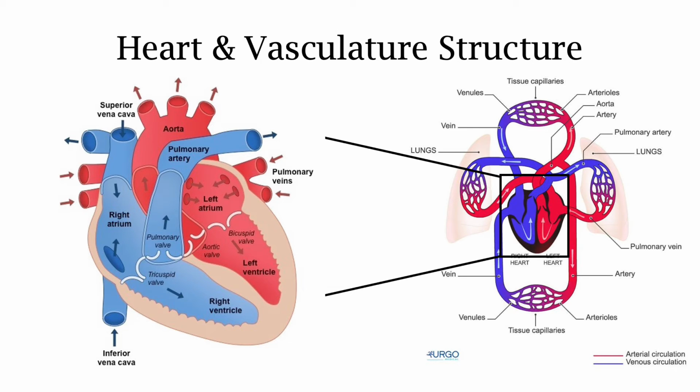And so it's going to go through that pulmonary circuit where it's reoxygenated, and it's going to return through the pulmonary veins. And just like the pulmonary artery, the pulmonary veins are veins, but they carry oxygenated blood. And that's going to be opposite of the arteries and veins that we're going to see in the rest of our body.